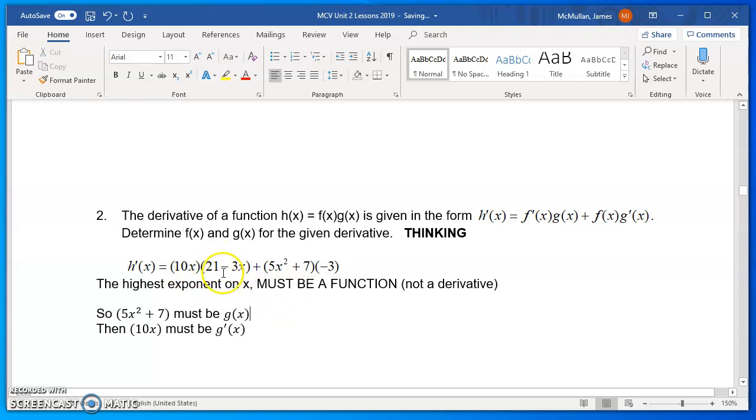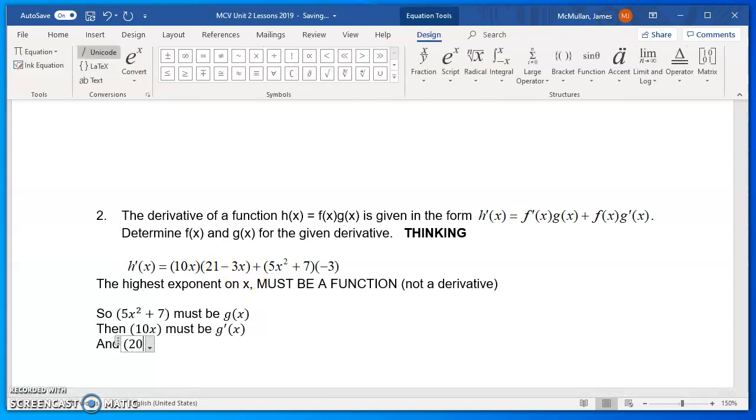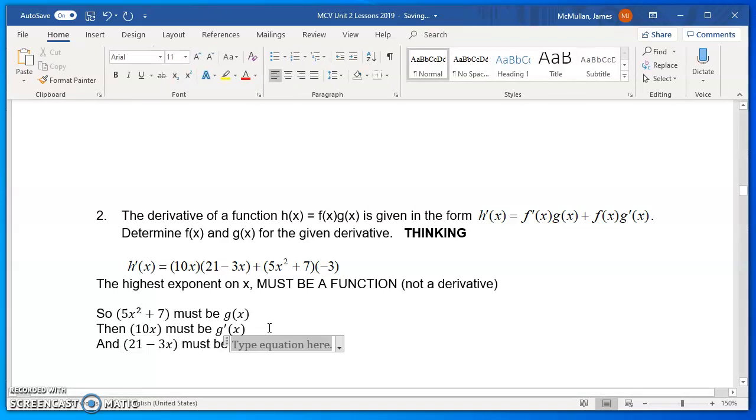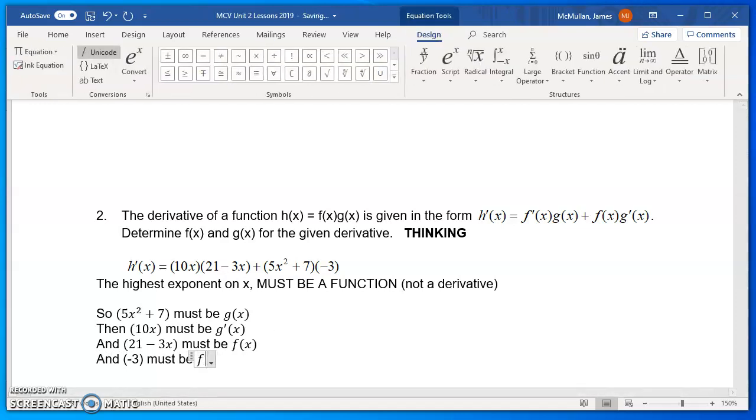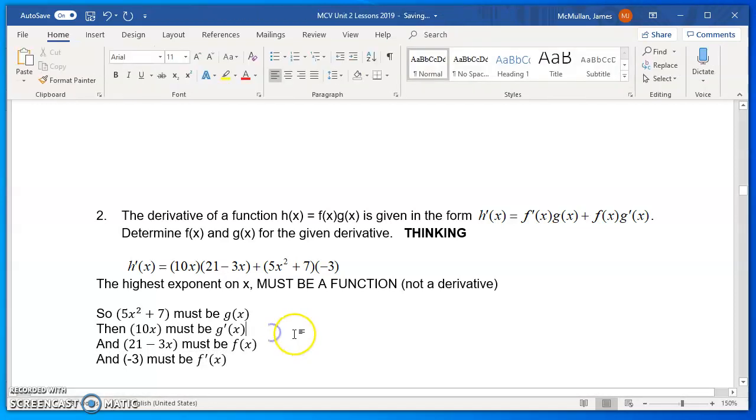So then it follows that this 21 minus 3x must be the other function. So 21 minus 3x must be f, and negative 3 must be f prime. Okay, so that's a way that you could work on this.